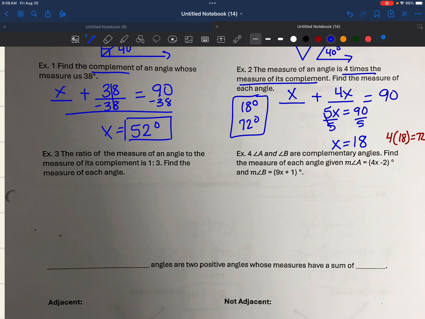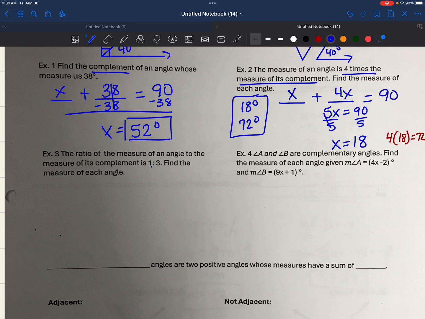Okay, number 3. The ratio of the measure of an angle to the measure of its complement is 1 to 3. Find the measure of each angle. Now, when we see these types of problems, essentially, we're just going to put a value with each one of those ratio numbers, okay? So, just like we did the last one, we did x plus 4x. This one's going to be similar, except what two things would we be adding?